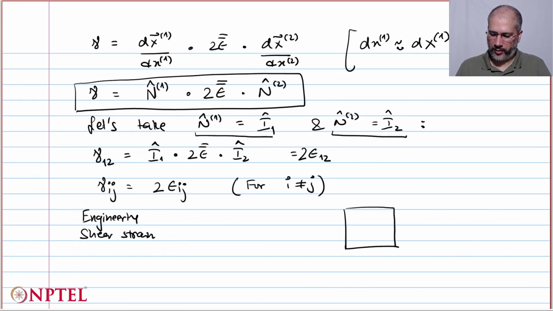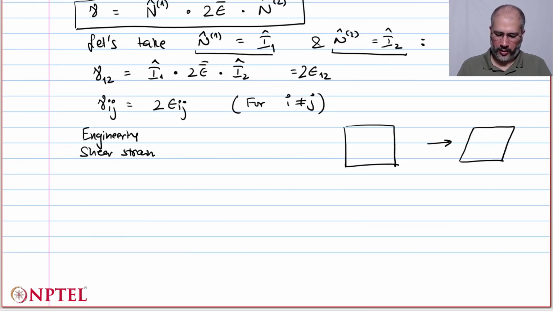So think of it, if you have a square which is basically formed by these elements, then if the angle changes slightly, it may deform to a rhombus. So this gamma or the off diagonal epsilon terms denote the shearing in elements in deformations.